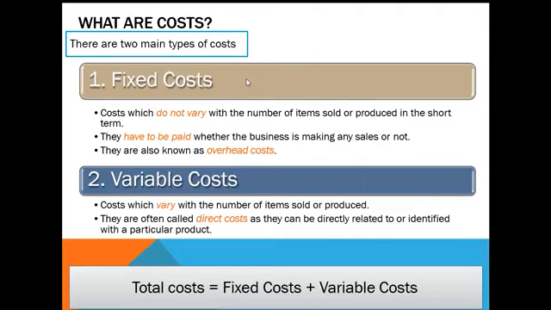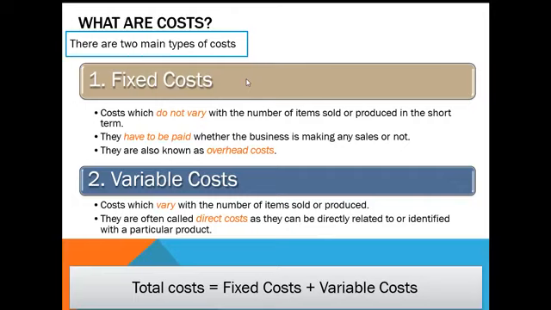But variable costs are the kind of costs that vary with the number of items sold or produced, and we call them direct costs. Why do we call them direct costs? They have direct link with the production. When the production increases, this cost will also increase.